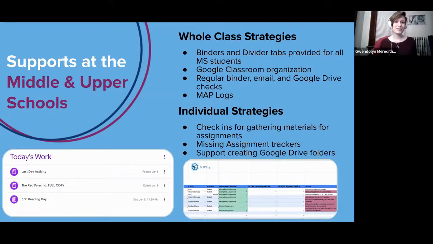So those binders and tabs are excellent for helping students practice physically putting and organizing materials. Then we also have regular binder checks during NCLU and also support in email with the upper school and middle school to help students make sure they're keeping their emails organized and deleting information in emails they don't need anymore.